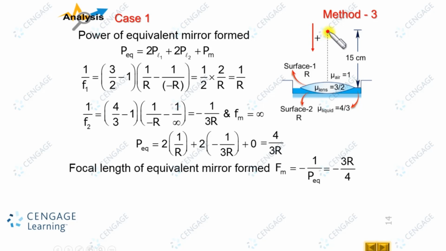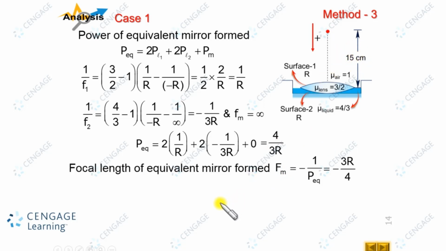Now it is given the object and image both are coinciding at the same position. That means this point should be the center of curvature of this mirror system. That means this distance, 15 centimeter, should be equal to the radius of curvature of the equivalent mirror. Radius of curvature means twice the focal length. That means this 15 centimeter should be equal to twice the focal length.